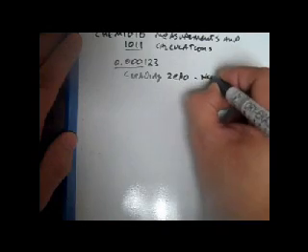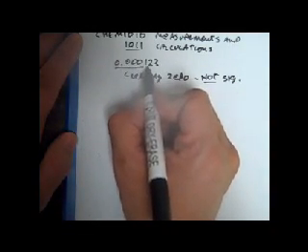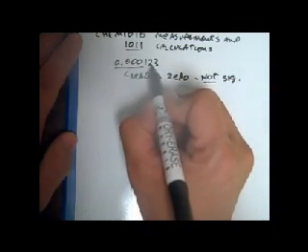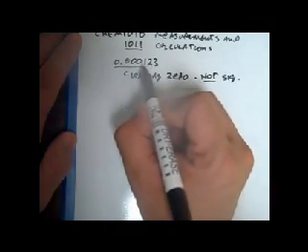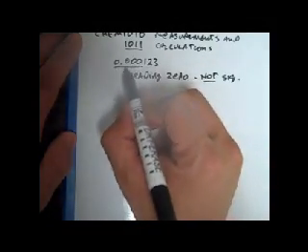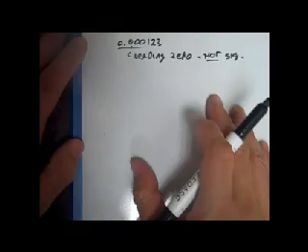Okay, these are not significant, because the reason for that is this is simply a placeholder. It really doesn't tell you anything further about the accuracy of this. Now 1, 2, and 3, those are non-zero numbers. These are significant numbers, but these are not significant. So as far as accuracy, as far as reporting the number of decimal places that you can report this to, this doesn't count.